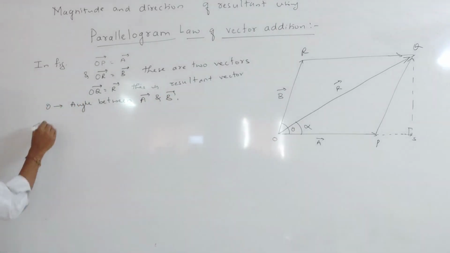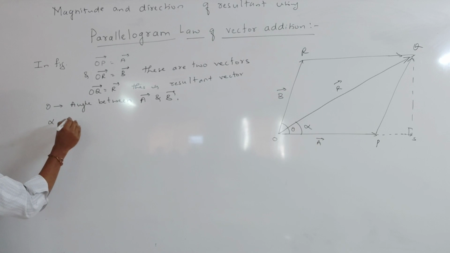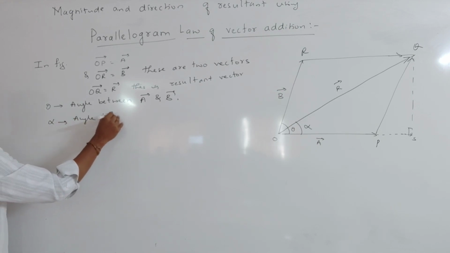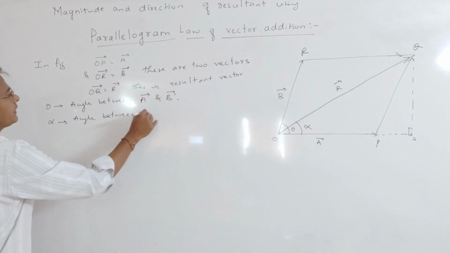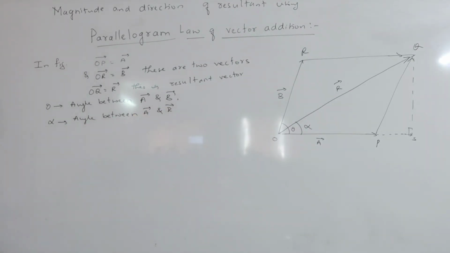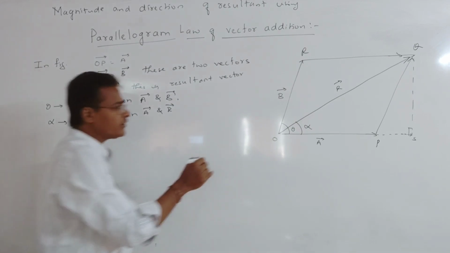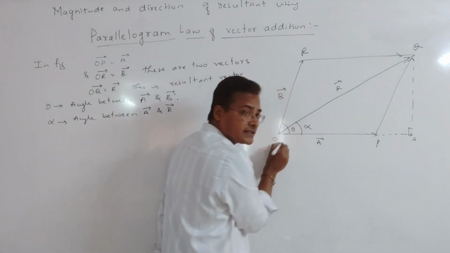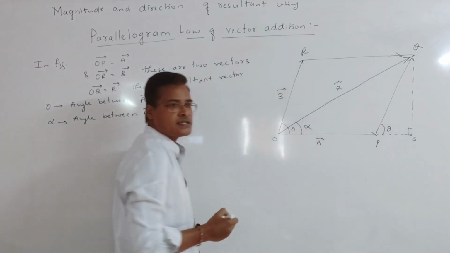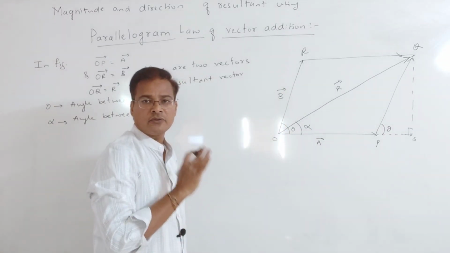Okay, so alpha is the angle between A vector and R vector. So here whatever the theta is there, the same angle we can see at this point.